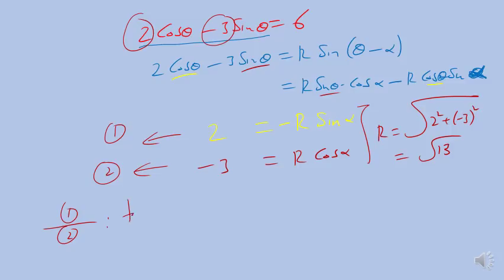So we get tan alpha is equal to plus 2 over 3. Watch the minus signs go away. And if I work this out, alpha, what will that be? Make sure your calculator is in radian mode. And that's 0.67 for 2/3. Is that right? 0.67, and it turns out to be 0.59 radians.